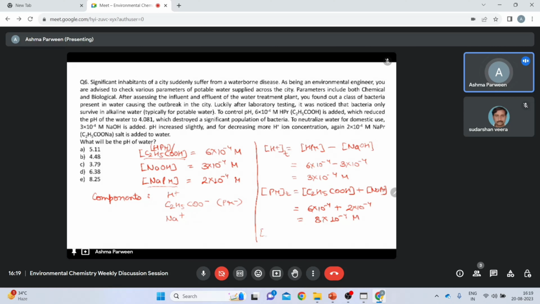And last we will do the balance on the third component, which is sodium. Each mole of NaOH will give 1 mole of Na plus, and each mole of NaPr will also give 1 mole of Na plus.